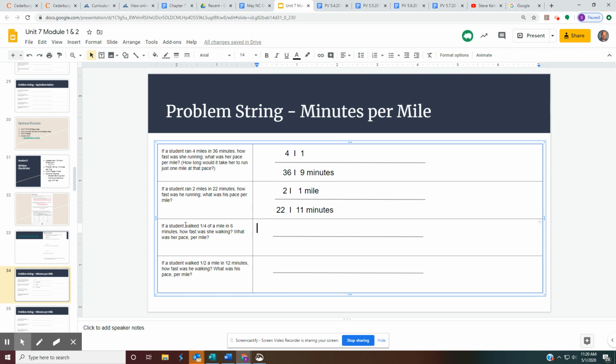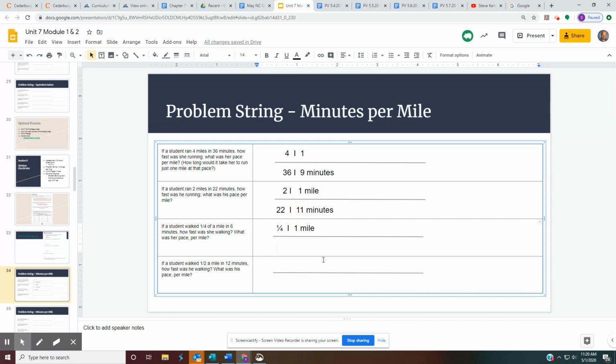All right, now if a student walked 1/4 of a mile in 6 minutes, how fast was she walking? Okay, so now we're back to the fractions. Remember the fractions? What did we do to 1/4 to get 1 mile? Did you multiply? Yes, you would have had to multiply by 4 because that's smaller than a whole.